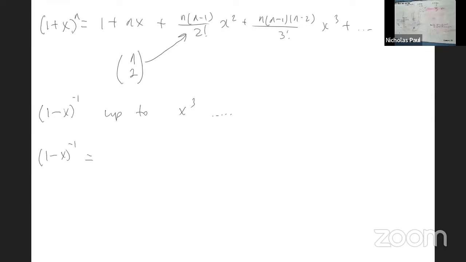Right, so the first value is 1, then n is minus 1, and x is minus x.